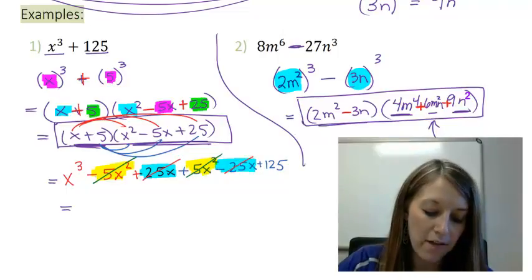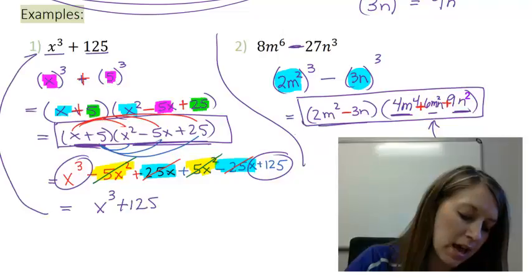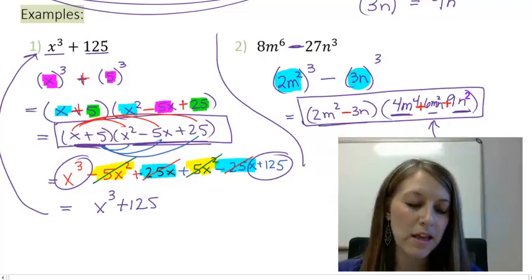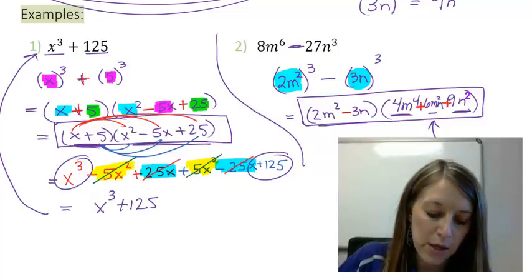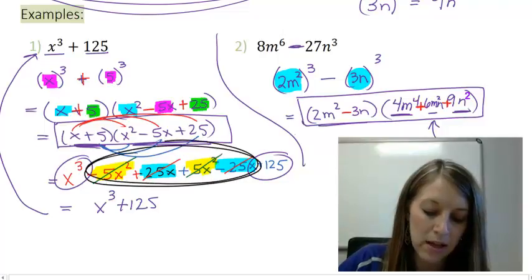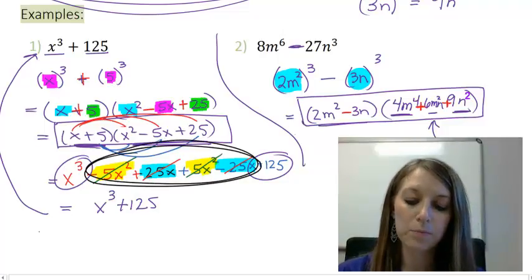So all I have left is my first piece of x cubed plus my last piece of 125. And that confirms I'm back to my original answer. So the reason that these formulas are this way is because all of these middle terms here end up canceling out. So that is why this formula works out the way that it does.